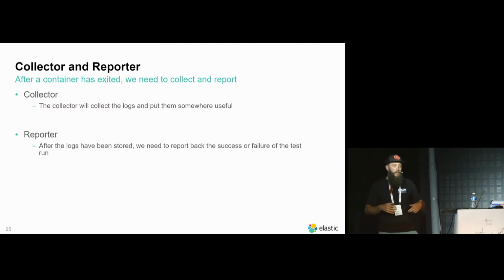If you just want to have it emailed somewhere, you need somewhere to put the output of that container, and also the exit code for that container's exit, so you know if your tests passed or failed. And then we also need the reporter. The reporter is going to essentially say that we had passing tests or we had failing tests.